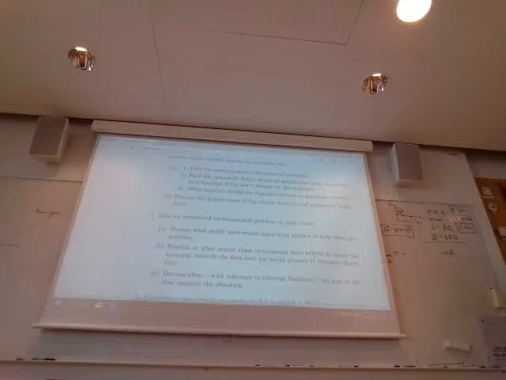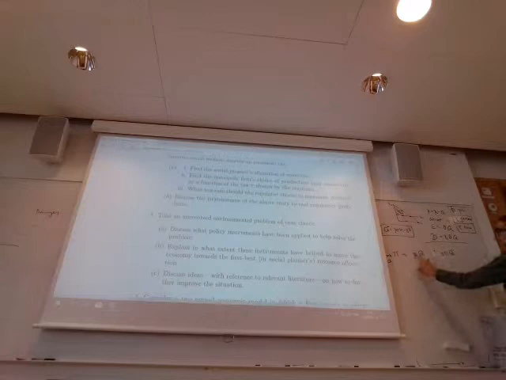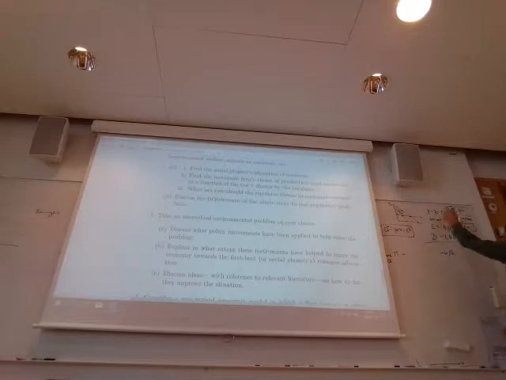So the monopolist problem is to maximize price times quantity, right? But the monopolist is treating price as endogenous, because the monopolist knows that if I raise quantity, my price is going to go down. And that's part of the calculation.